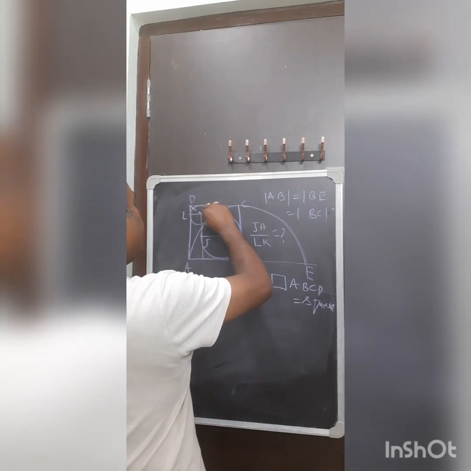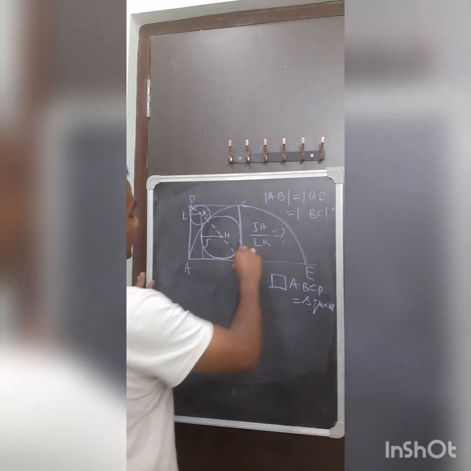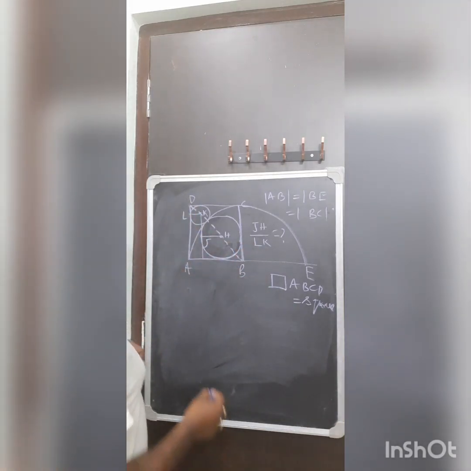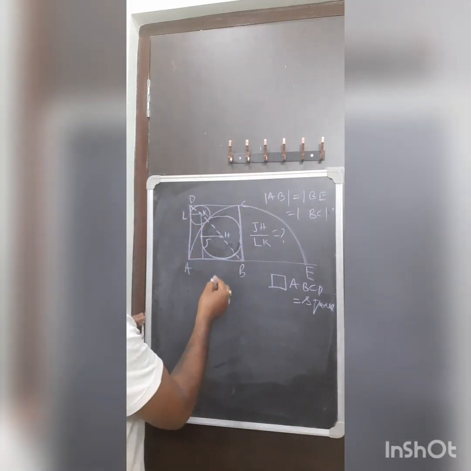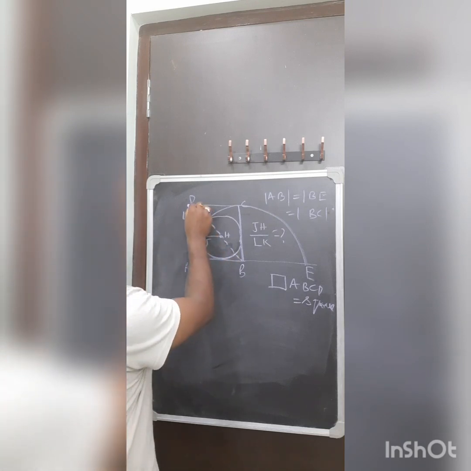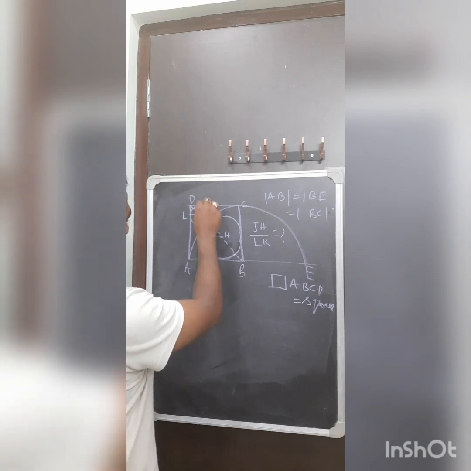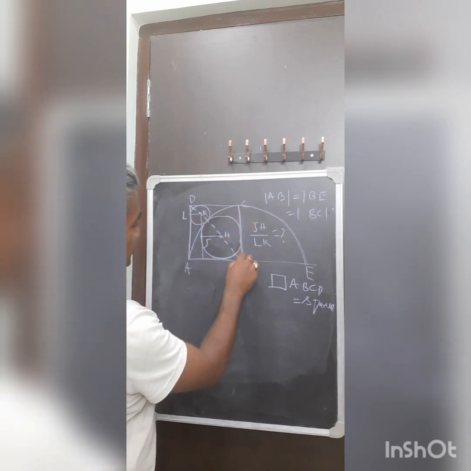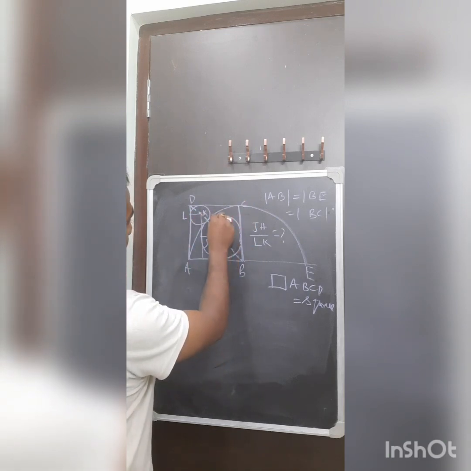I will join the diagonal B and D, and from the symmetry you can understand this must pass through the center of the circles, because these sides are touching this circle, and the other two sides of the square are touching this circle.